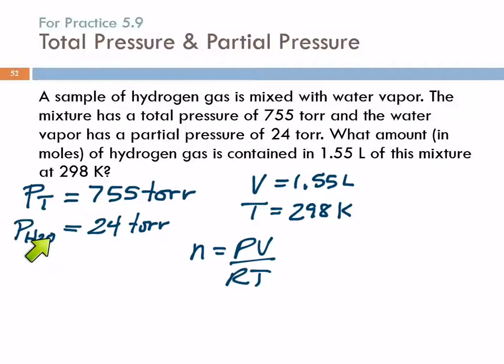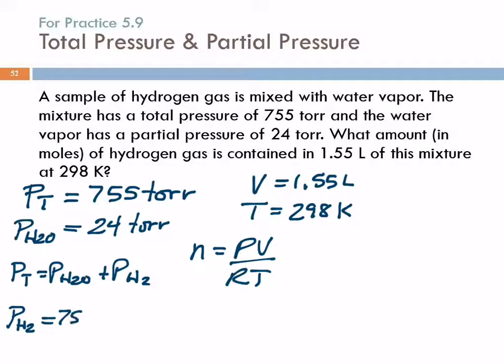The pressure of the water plus the pressure of the other gas in the mixture, the hydrogen, has to equal the total pressure. So P total equals P H2O plus P H2. So the pressure of the hydrogen equals the total pressure minus the pressure of the water. So that's 731 torr.